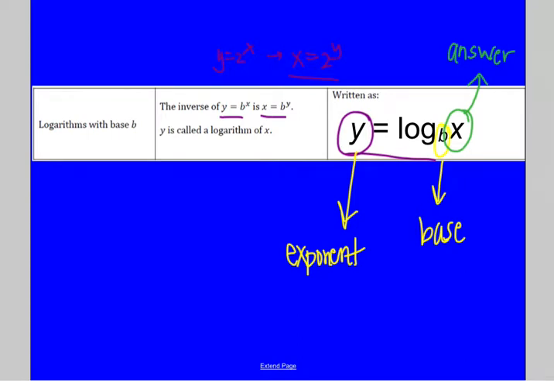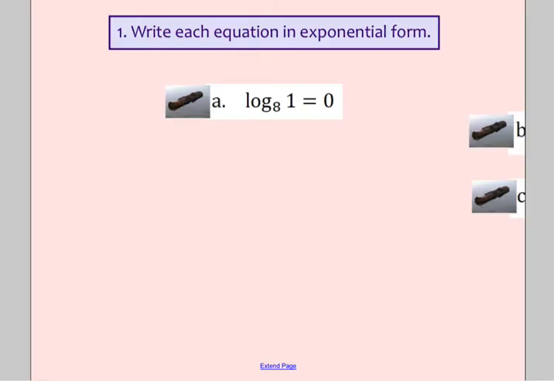Let's look at some examples. Write each equation in exponential form. Let's start with my base. Remember we had log base b of x is equal to y. So this is my base b.